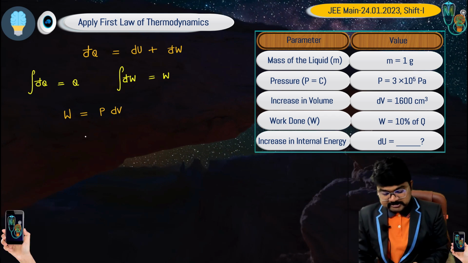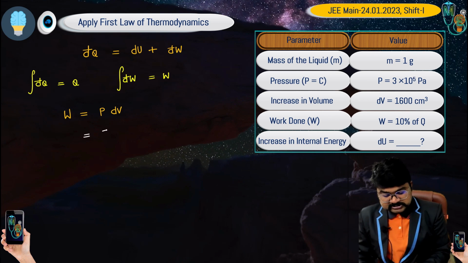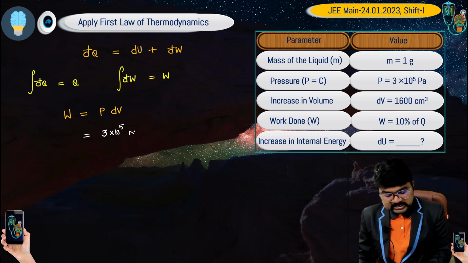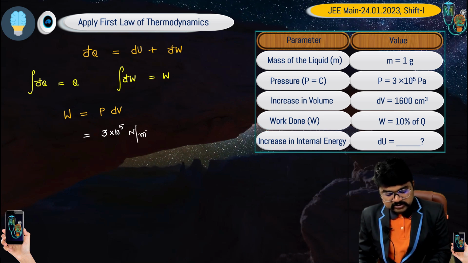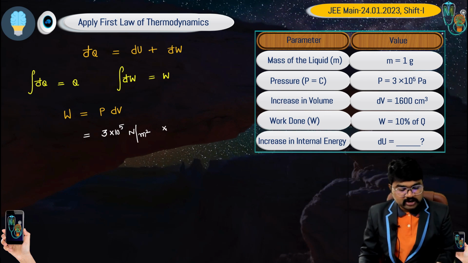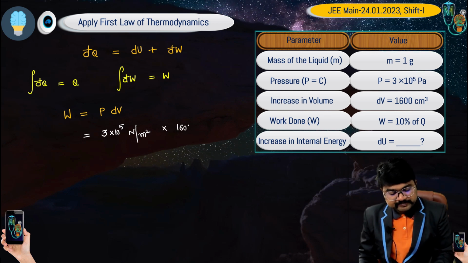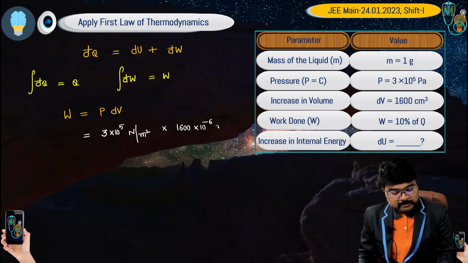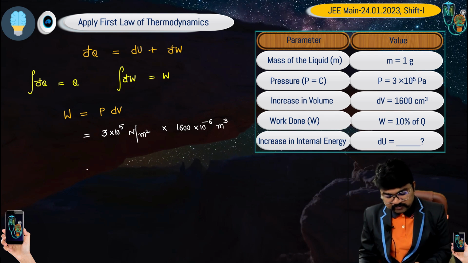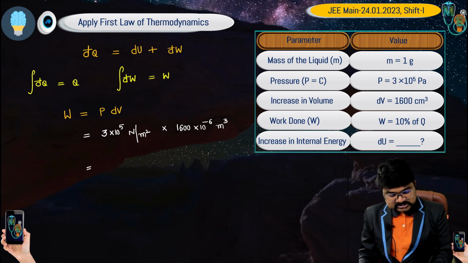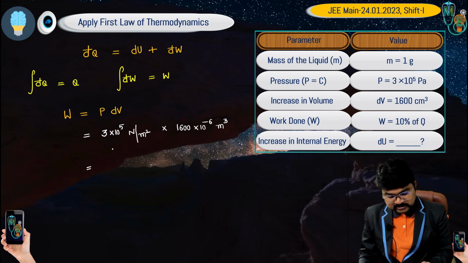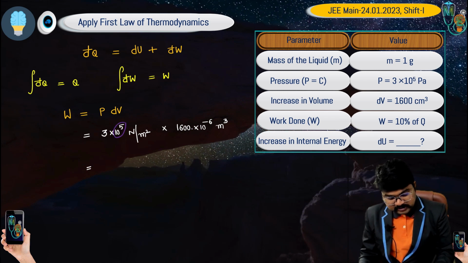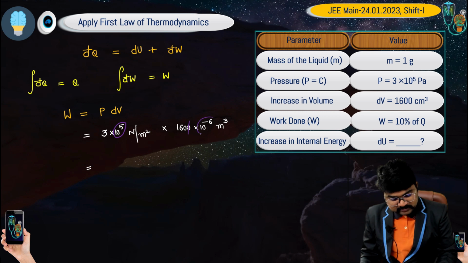What is the pressure here? This is the pressure, 3 into 10 to the power of 5 Pascal, which means Newton per meter square. What is the increase in volume? 1600 into 10 power minus 6 meter cube. Here you can cancel 10 power 5 and 10 power 6.